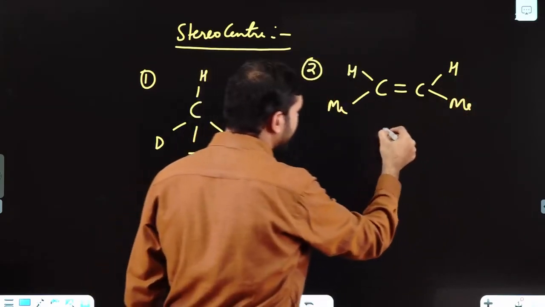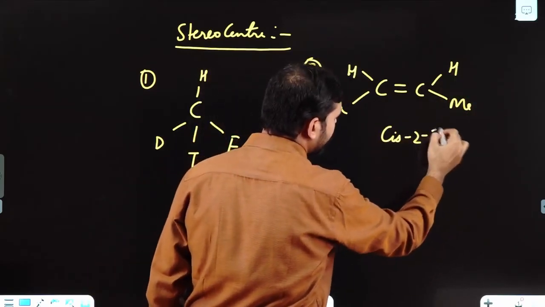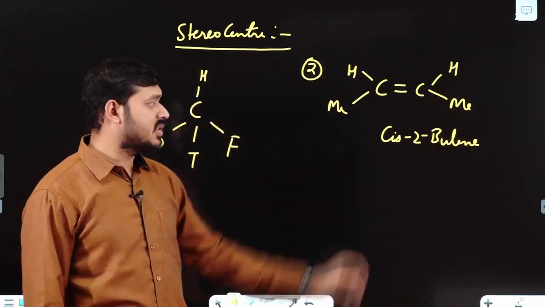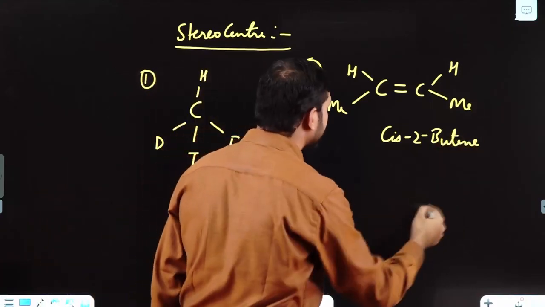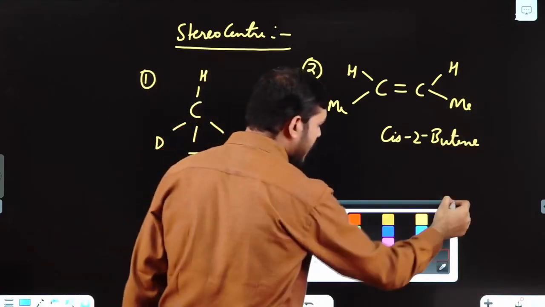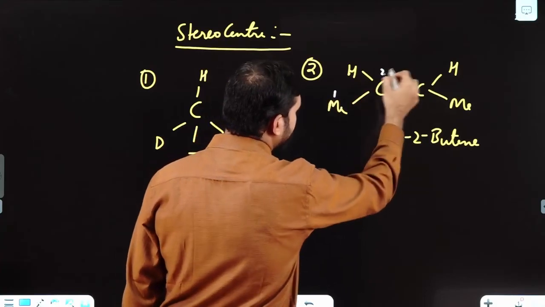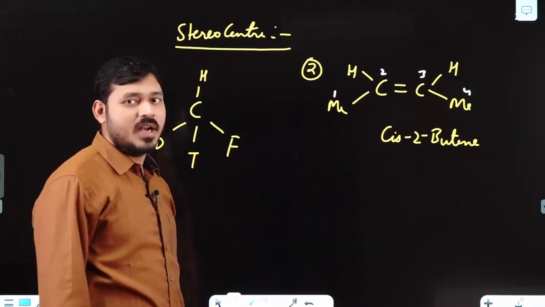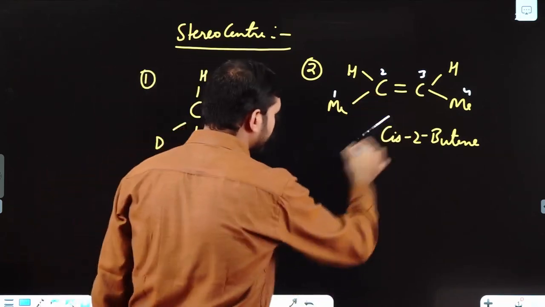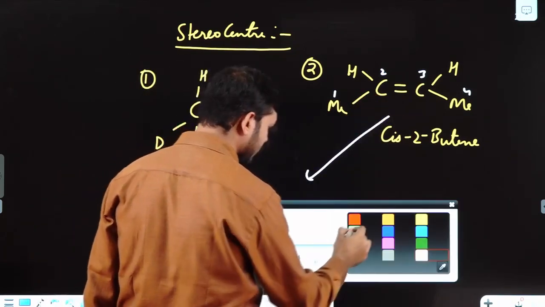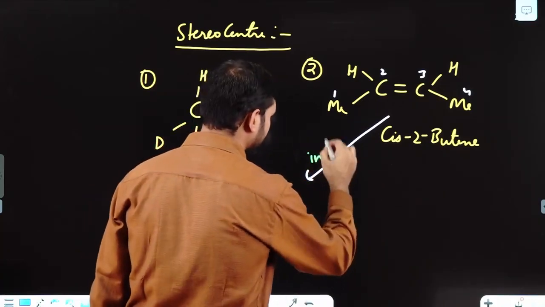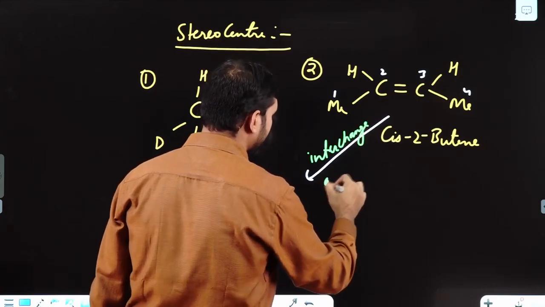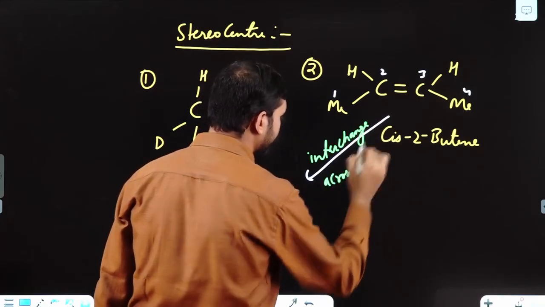See, as you know, this is cis 2 butene. Now in cis 2 butene, let me make the numbering 1, 2, 3, 4. Now 4 carbon atoms you have. Interchange across C2.